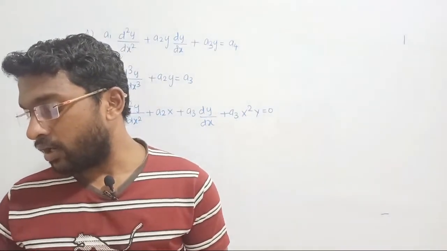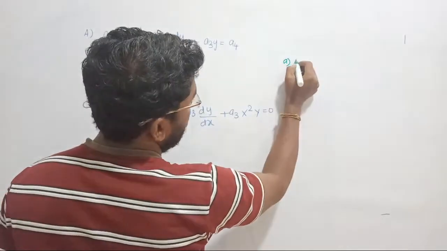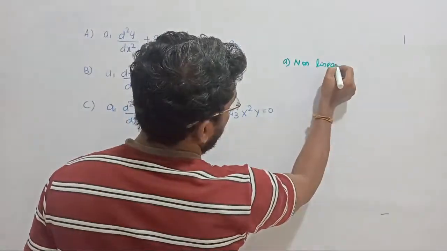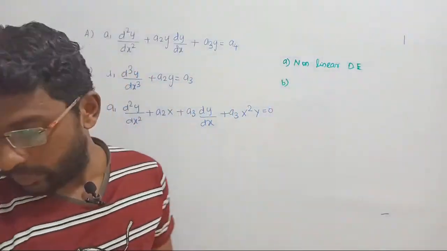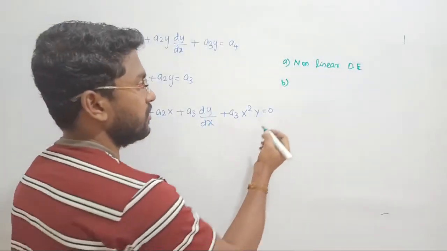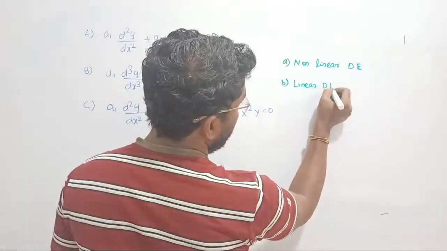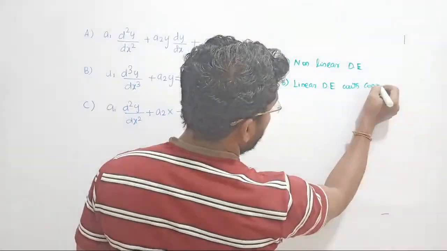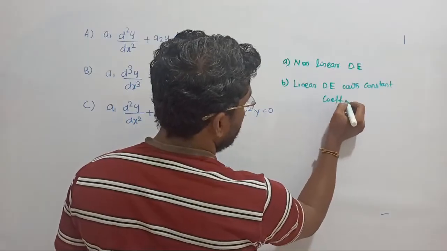Now they have given three options. Option A, non-linear differential equation, that is the first option they have given. In option B, they said linear differential equation with a constant coefficient, right?